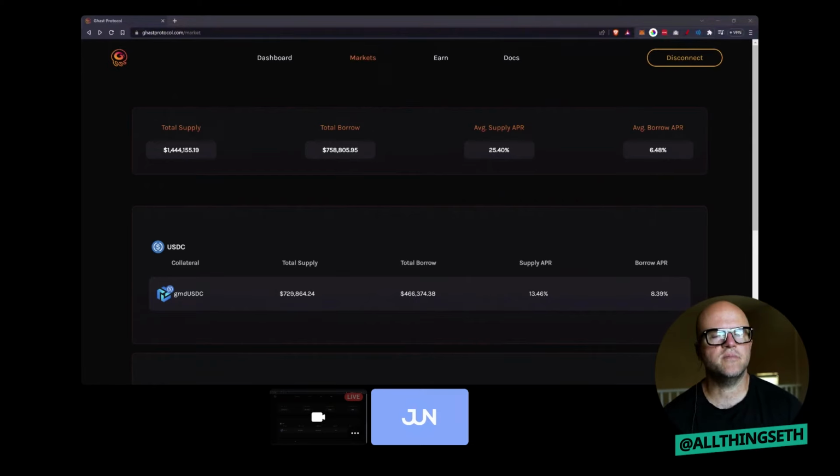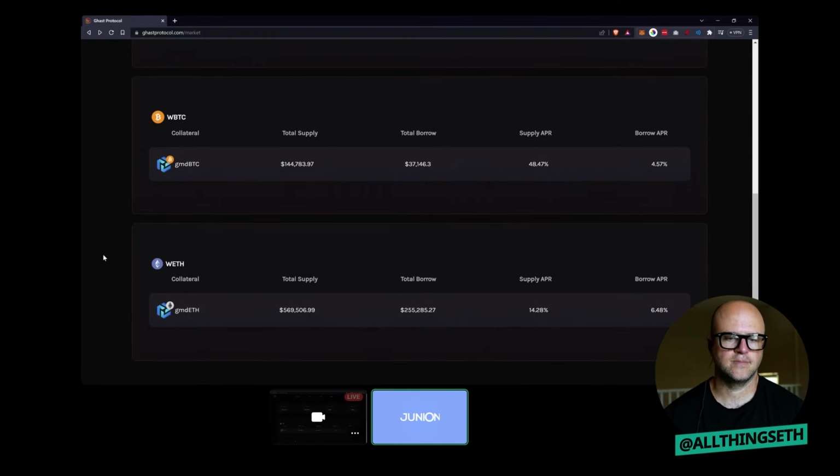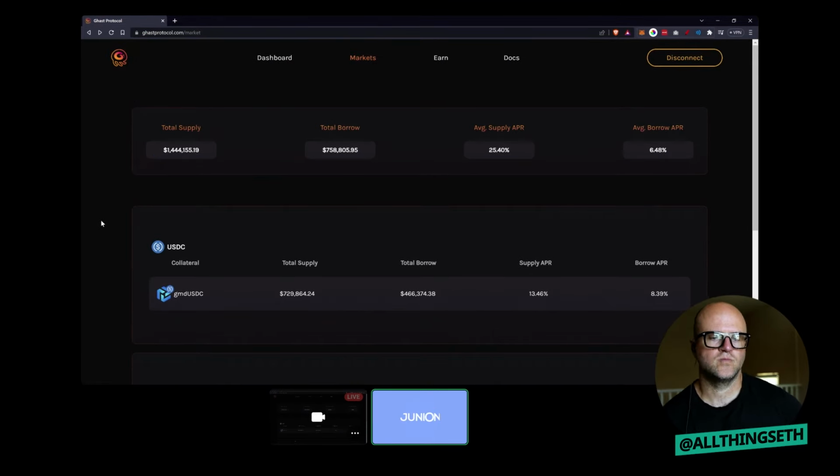And tell me a little bit more about what Ghast is for those who are watching. So Ghast is a liquidation-free money market. Currently, we have 3 lending markets for USDC, wrapped Bitcoin, and wrapped ETH. The idea is pretty simple. You can take GMD USDC, a delta-neutral vault whose value goes up, and it gets yield through GMD's yield.